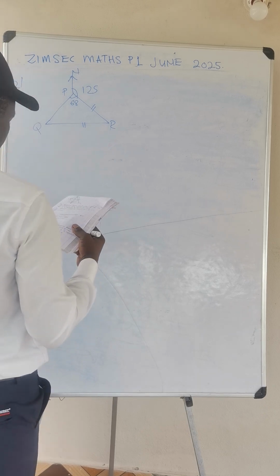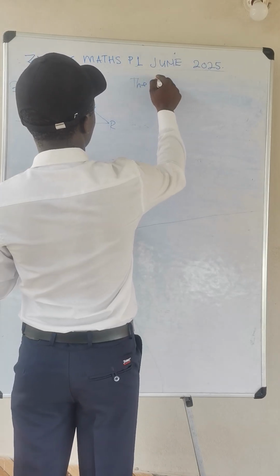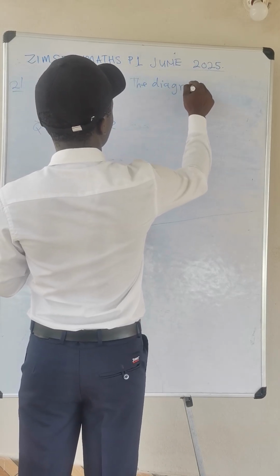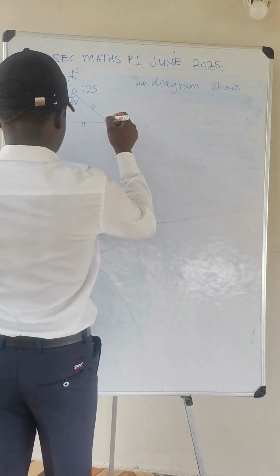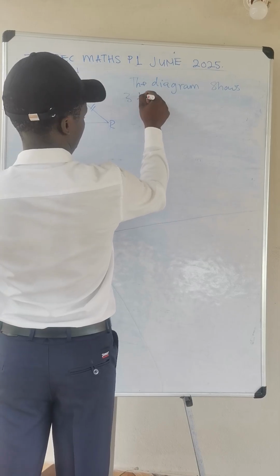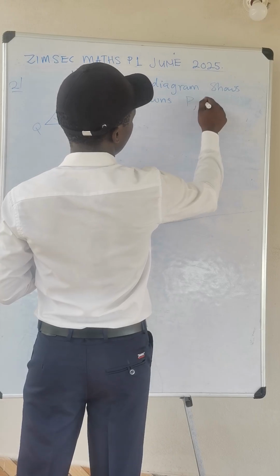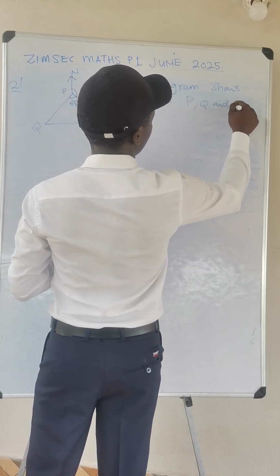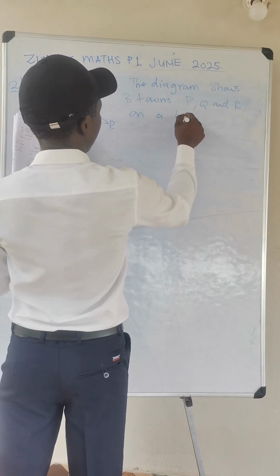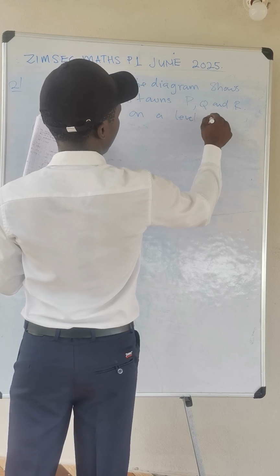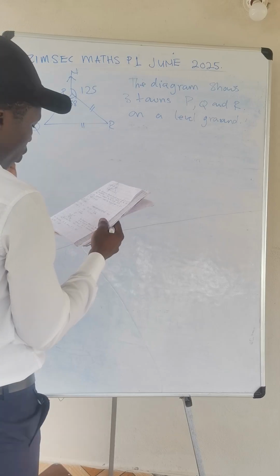So after that, the question says the diagram shows 3 towns P, Q, and R on a level ground. Okay, so these are the towns on a level ground.